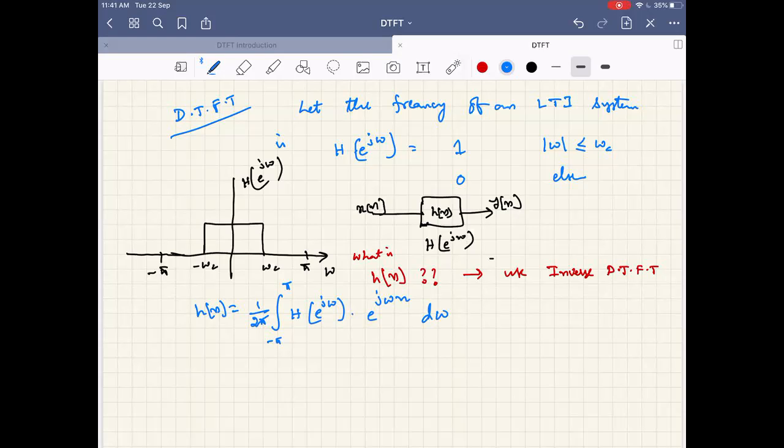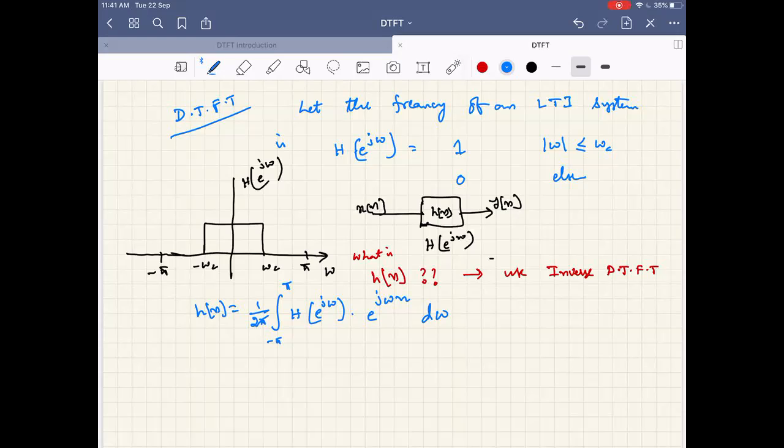So if you would like to get back this x of n, what we are trying to do is to use the whole frequency content here and assimilate all the frequency content at different instances, and then get back the corresponding signal. If I have a signal for some duration, each duration may have some contribution here, some contribution here, and so on.